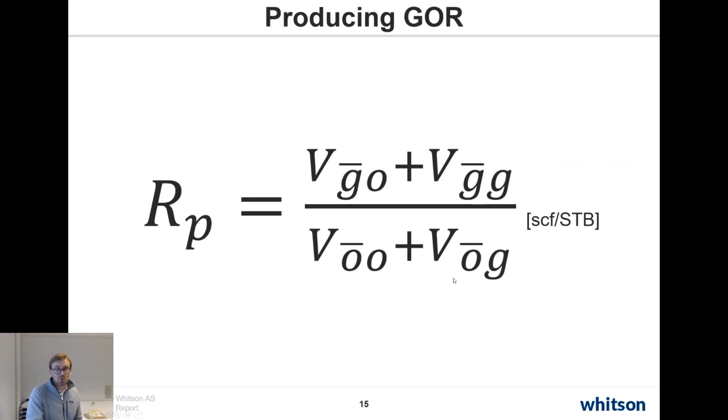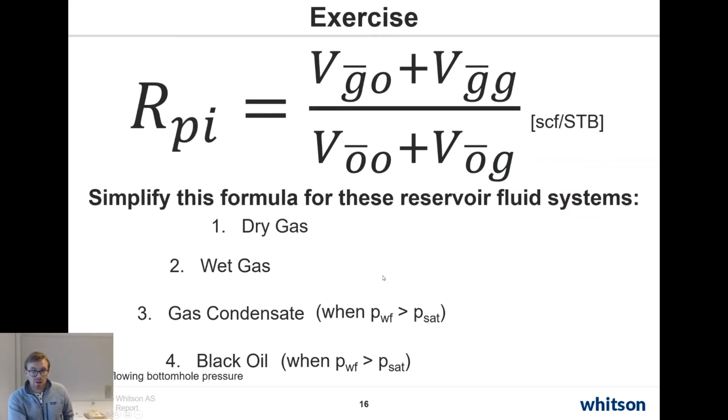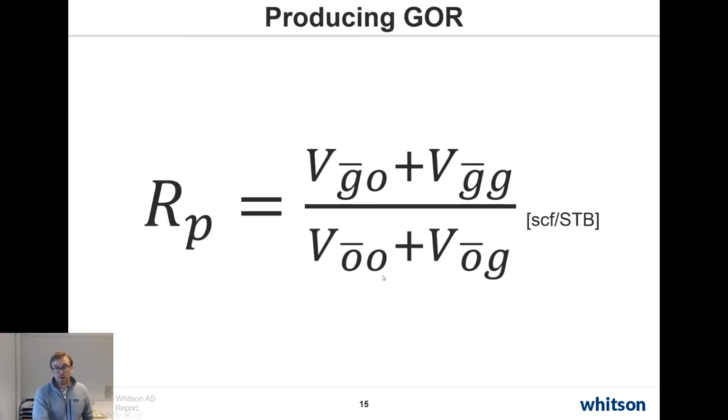And the same goes for the surface oil volume, that we account for both the surface oil volume originating from reservoir gas and the surface oil volume originating from reservoir oil.